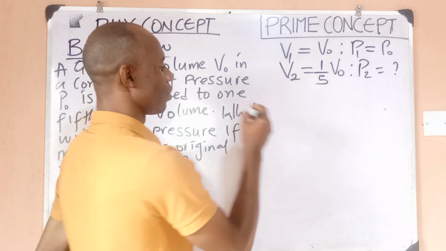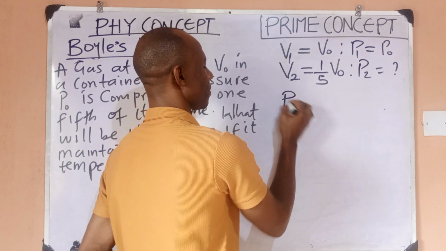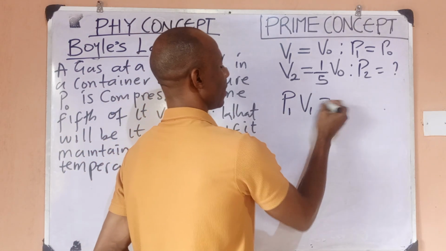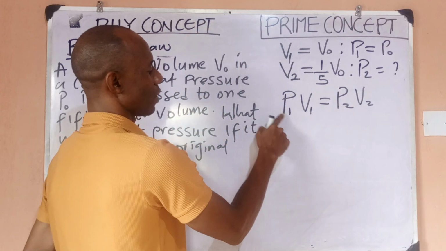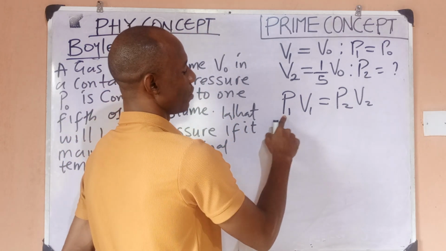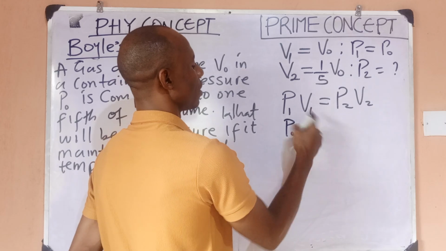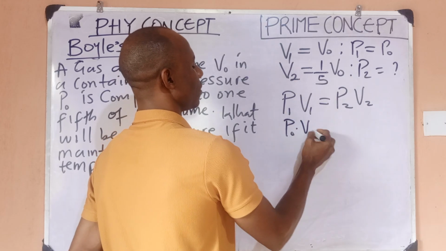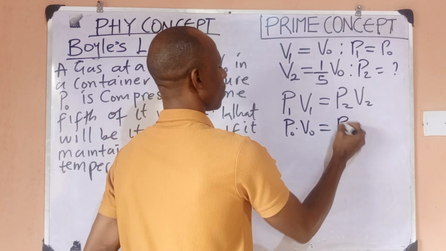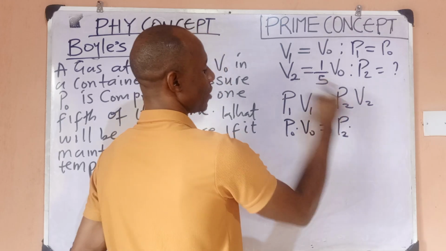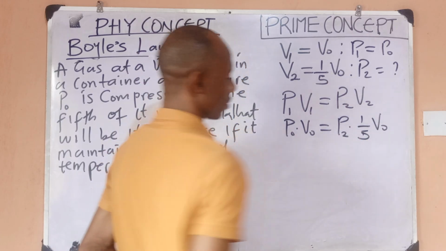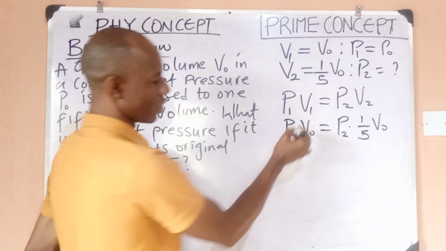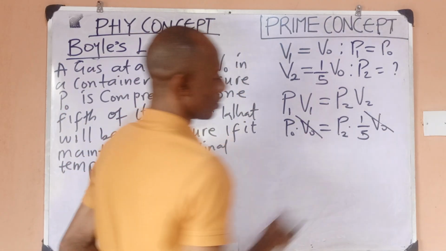So quickly, you would recall that Boyle's law says P1 V1 equals P2 V2, right? So when I substitute this, P1 is now P0, V1 is now V0, then P2 is what I'm looking for, then V2 is 1/5 V0, right? So quickly you would notice that V0 can cancel V0.